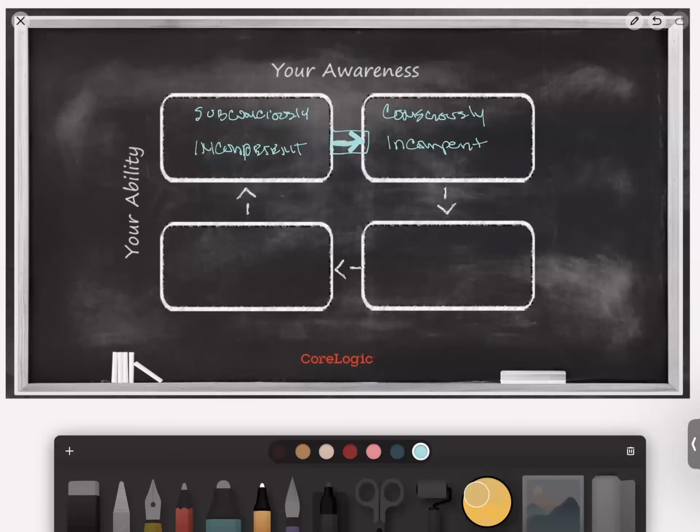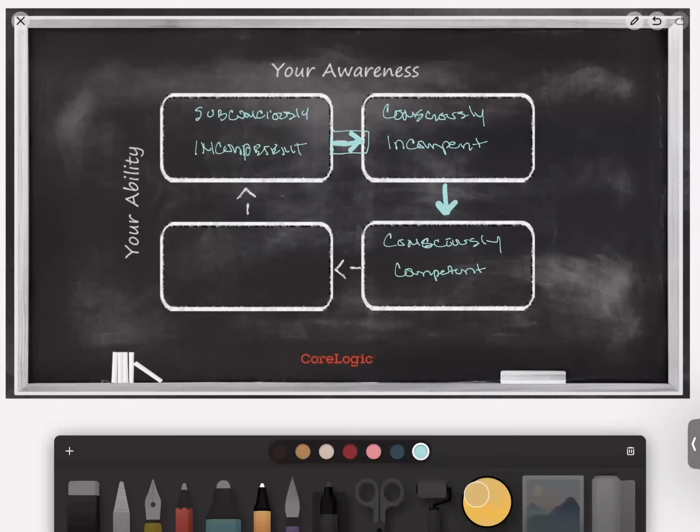Now, it's on each of us as professionals to work ourselves from the second state of mind to the third state of mind. And that is going to become consciously, if I can spell that right, competent. Right? Practice your trade, right?